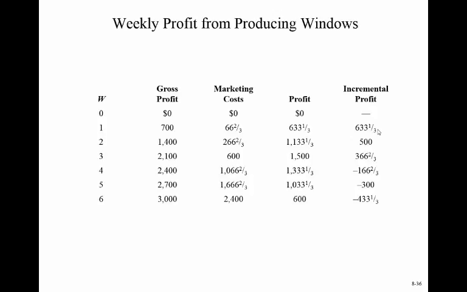But again, it is what it is, and the reason it's getting so negative is that these marketing costs are starting to get really huge. As you try to sell that 4th or 5th window into the market, you really have to shell out some money for marketing.